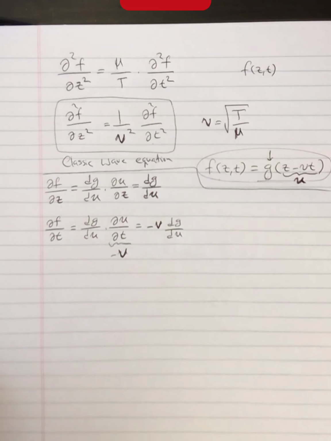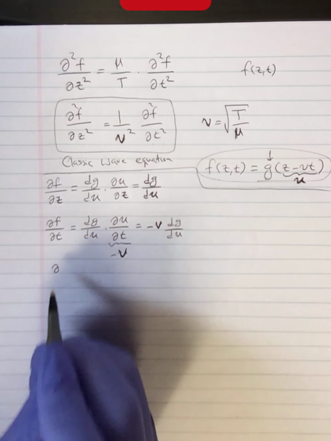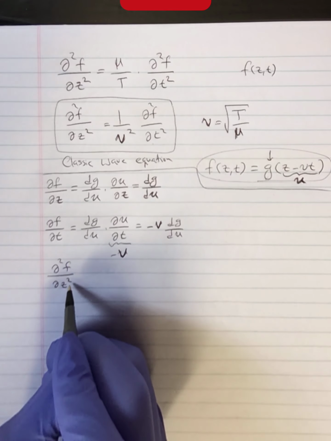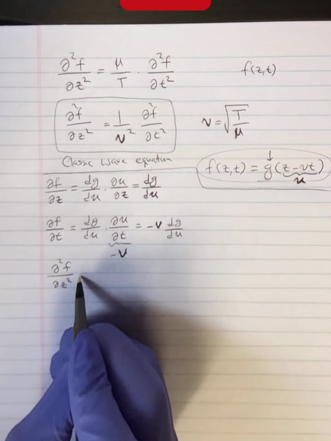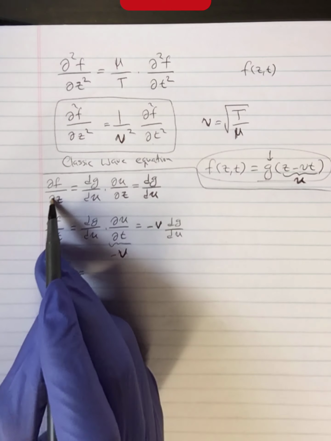Okay, so now let's look at the second derivative of f, first with respect to z, d2f over dz square. So we are taking one more derivative after this.